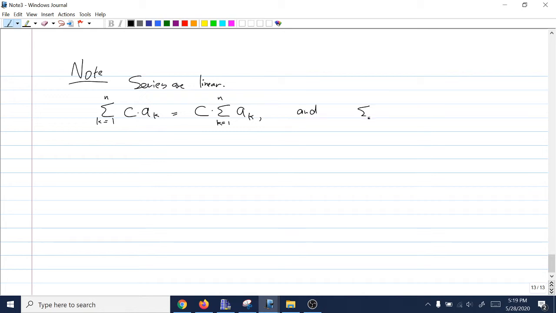And the sum from k equals 1 to infinity of c times ak equals c times the sum from k equals 1 to infinity of ak, if the right-hand side converges.